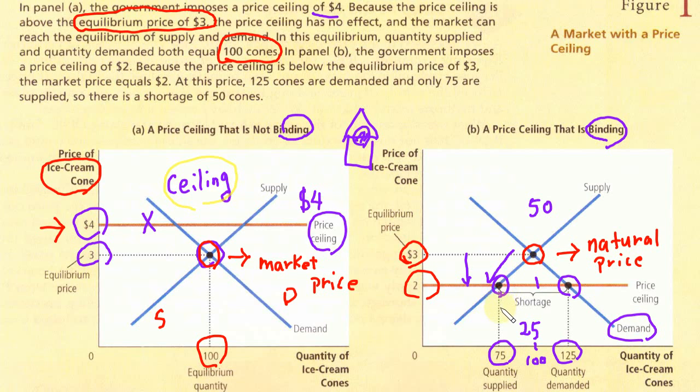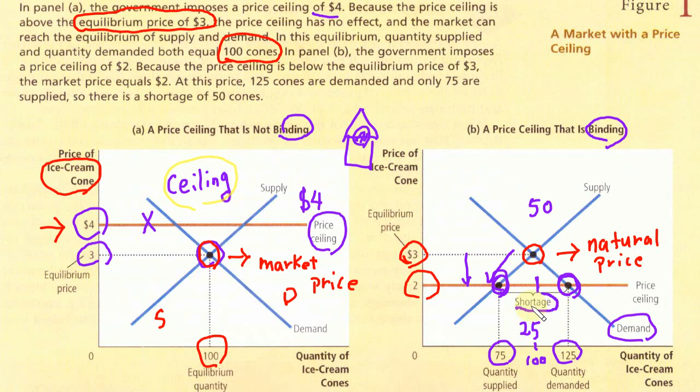Okay? Because of the compulsory pricing limit. And at the same time, the desire for purchase will increase because of the price going down. They want to buy more product because the price is down and they can buy more product with the same money, right? So the gap between the original supply and demand is a shortage.